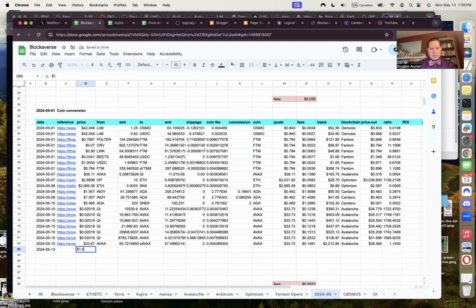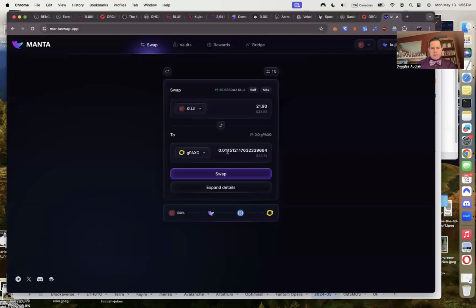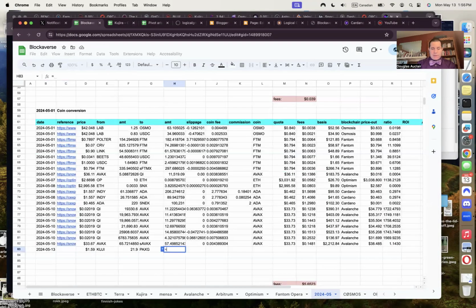Kuji is trading at $1.59. I'm trading 21.9 Kuji for PAXG. I'm going to get this much PAXG, and it says it's $33 worth from a $26 investment.